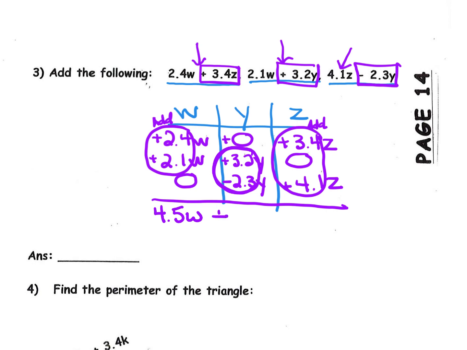You should get a positive 0.9y. And then in our last column, grab your calculator and punch in 3.4 plus 4.1. We get a gain of 7.5z.